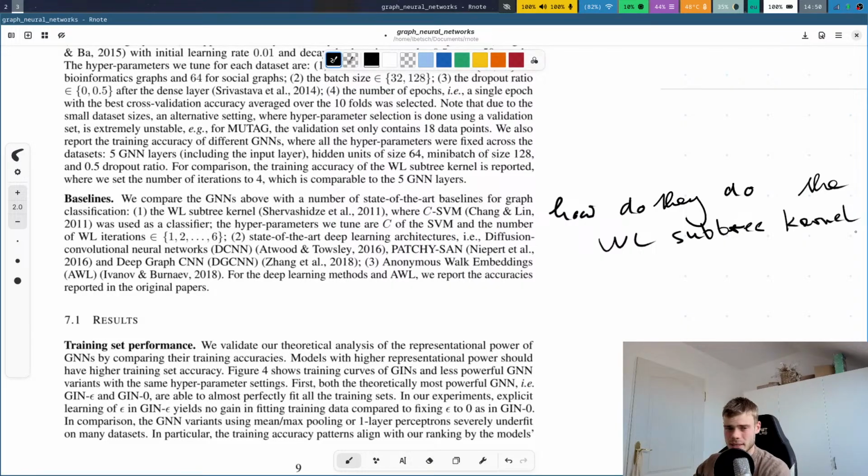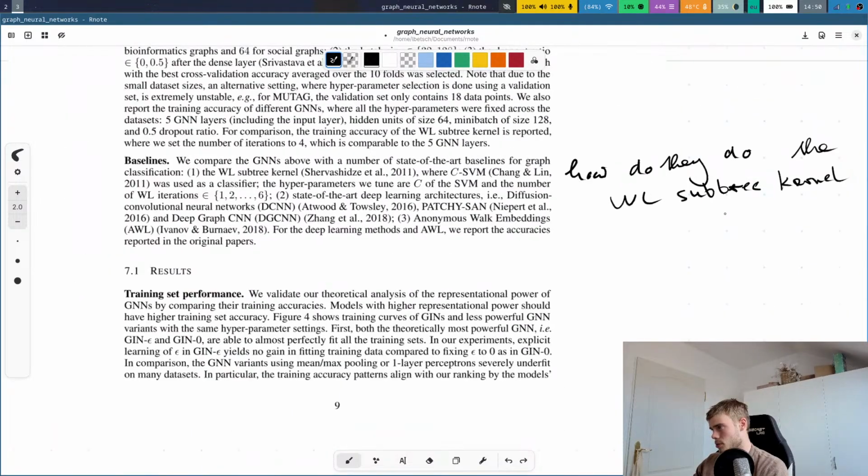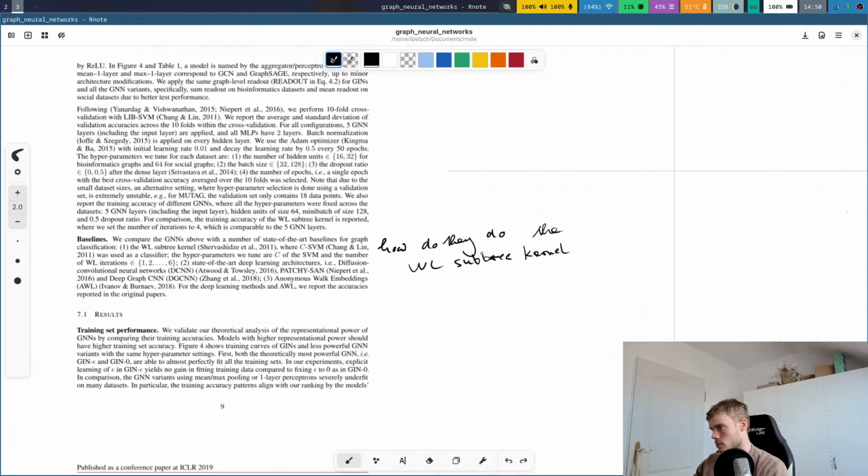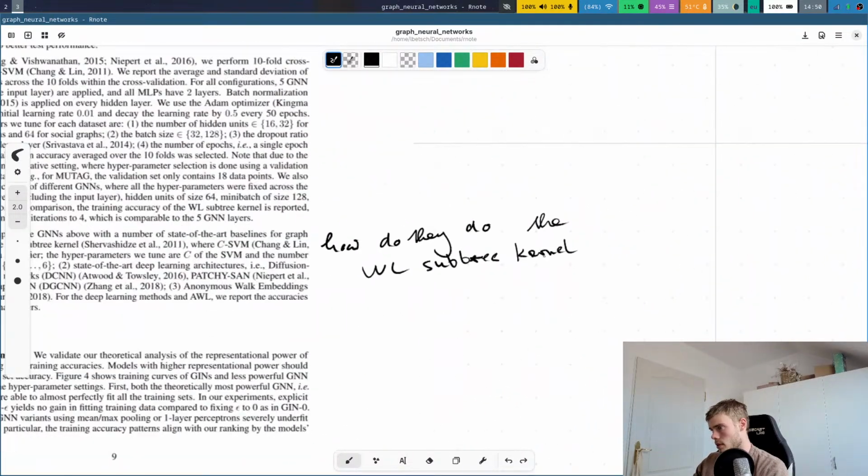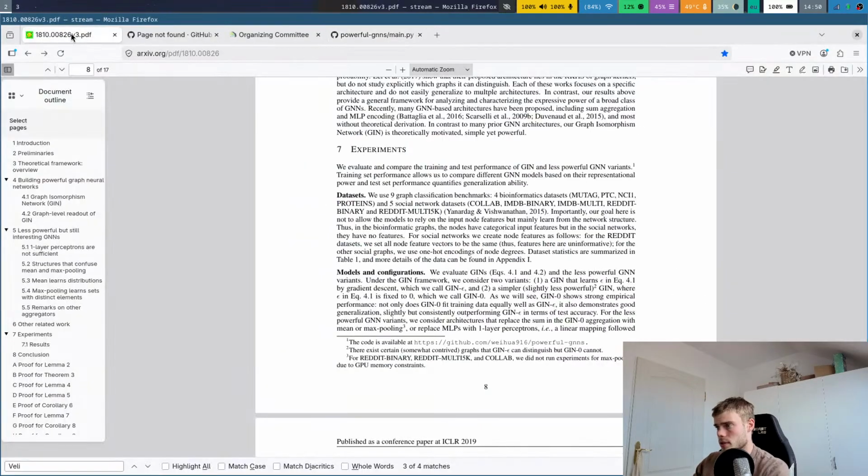So they said that the WL subtree basically corresponds to a 1-hot encoded vector at an iteration. So let's search for this.